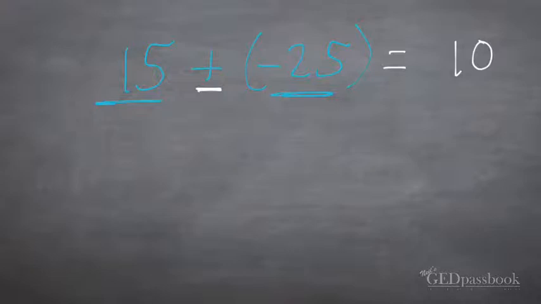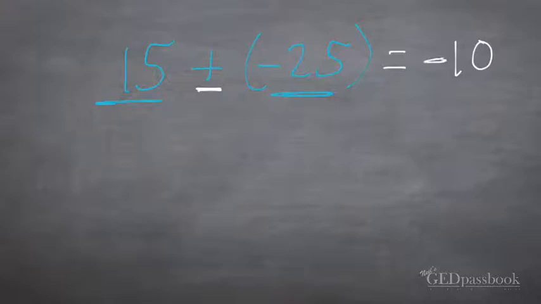So, you're always looking for the difference. So, all I care for is the number, the difference. 10. Now ask yourself, what is the sign of the bigger number? Negative. The 25 is obviously bigger than 15. What is its sign?